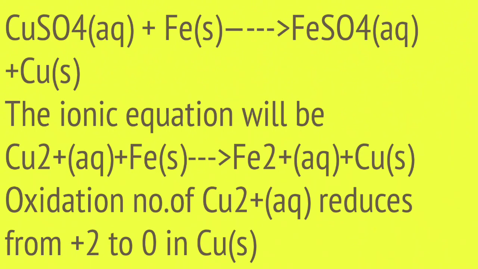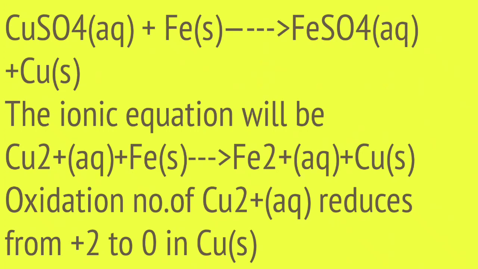In other words, in the final product, we shall have a colorless solution of iron 2 sulfate, whereby the iron 2 ions are the main product, and copper solid, a brown deposit, will be deposited at the bottom of the beaker.